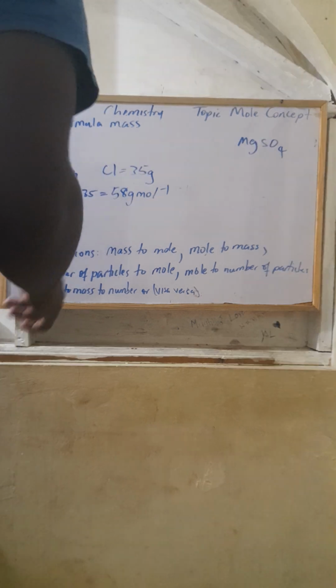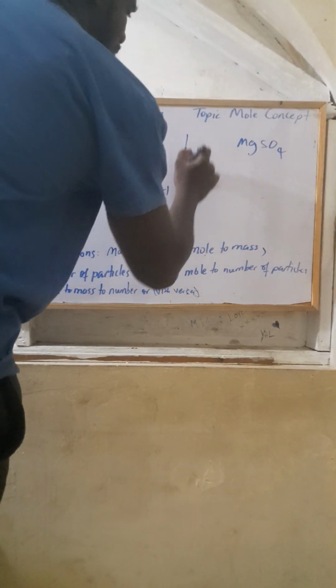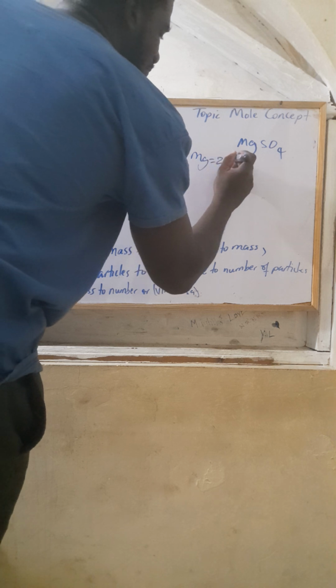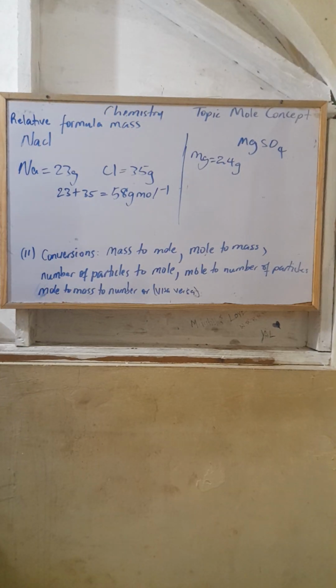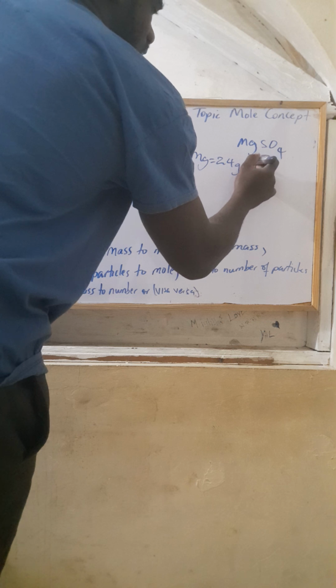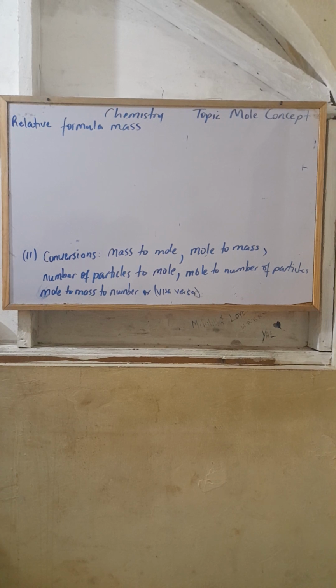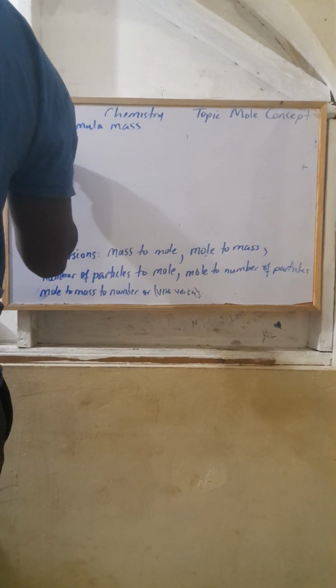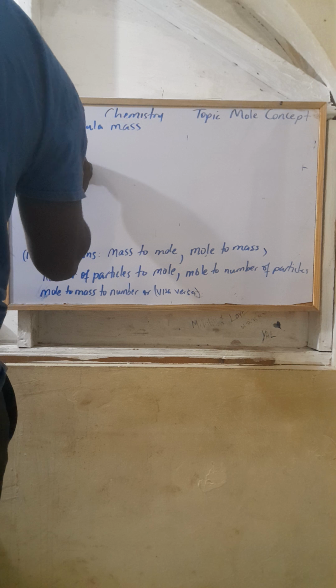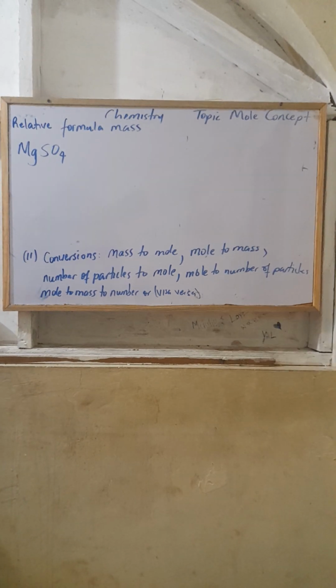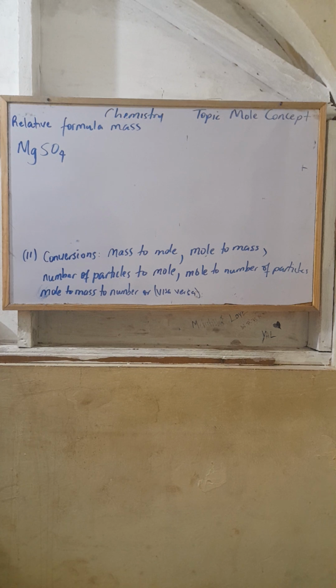Okay, while magnesium, the mass of magnesium is 24 grams, and the mass of sulfur is equal to... Okay, so the space was limited on that side of the board, so I'm going to rewrite this one.